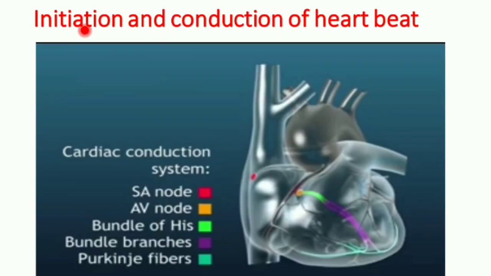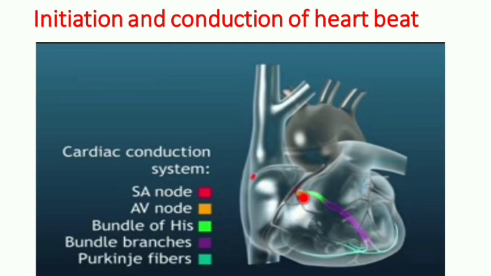Coming to the initiation and conduction of heartbeat. The colored part of this picture shows the specialized heart muscle fibers. These together make up the cardiac conduction system. This cardiac conduction system includes the SA node, sinoatrial node, AV node, atrioventricular node, bundle of His, bundle branches, and Purkinje fibers.